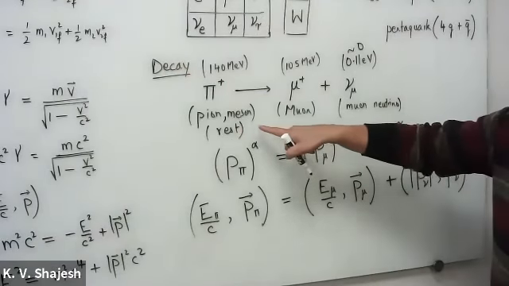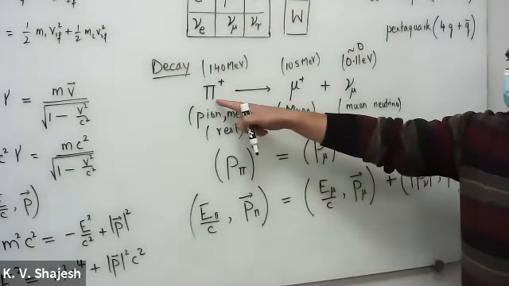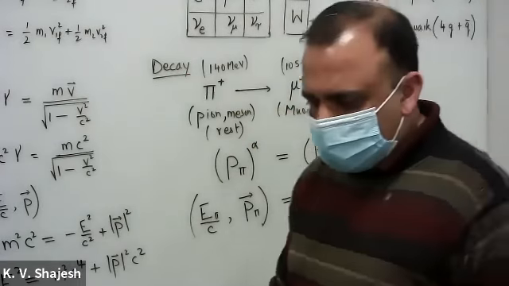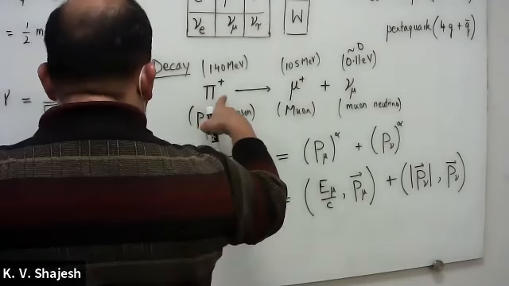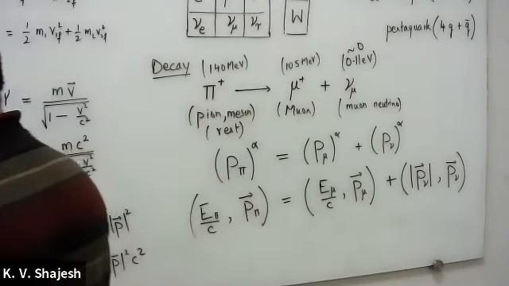One more thing, we can choose, since this is a massive particle, I'm in the lab frame, so when you're decaying, what you expect, a particle is sitting on the table and suddenly it disappears into 2 other particles. Even if it was moving, you can always go to the rest frame of that particle. You sit on that particle, so you can choose that to be 0. So you can choose your frame to be the rest frame of the first particle. So that means that it is at rest.